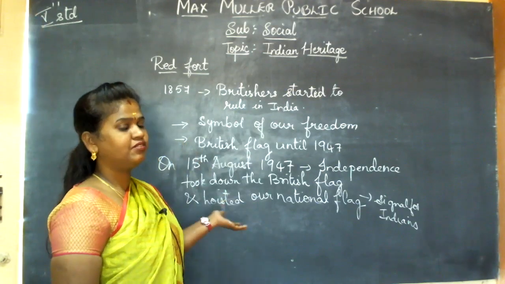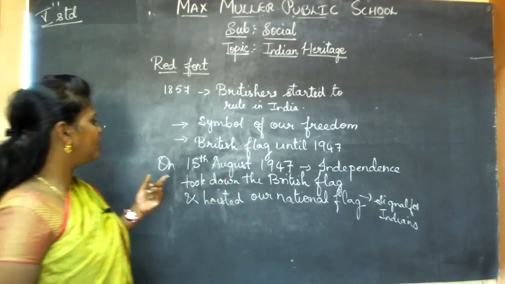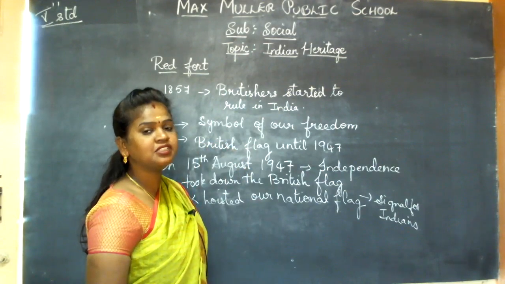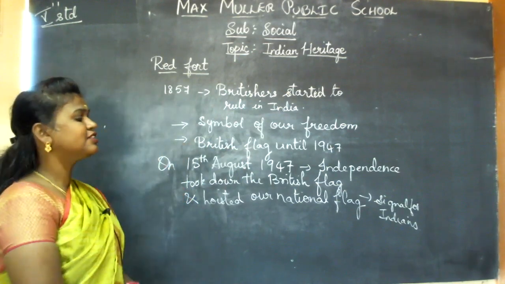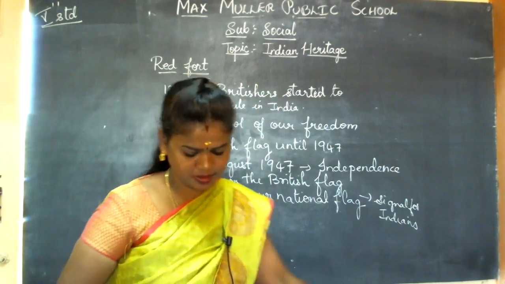On 15th August 1947, we got our independence, when the Britishers' flag was brought down. And it was a signal for Indians that we got our independence.